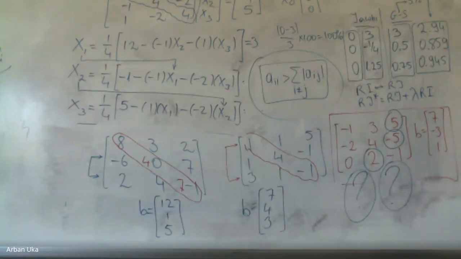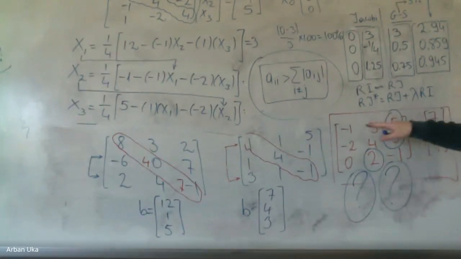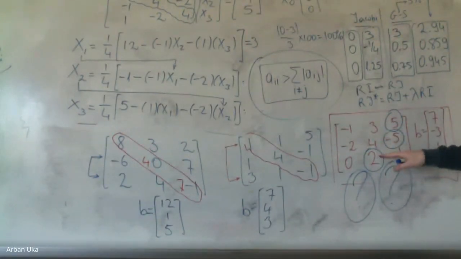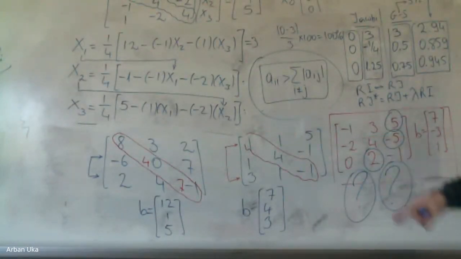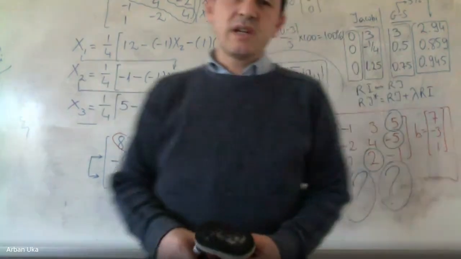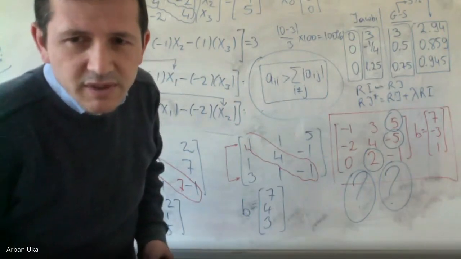We observe that even this is not diagonally dominant if we put this in the third row, because here we get 6 compared to 5. You cannot make it diagonally dominant. This looks good. This can stand in the third row. This is good. This can stand in the second row. But what are we going to put in the first row? We don't have a good coefficient which is larger than the sum of the absolute values. Nathaniel? Okay, Nathaniel.